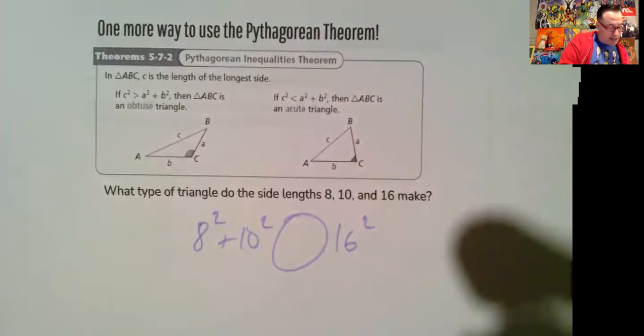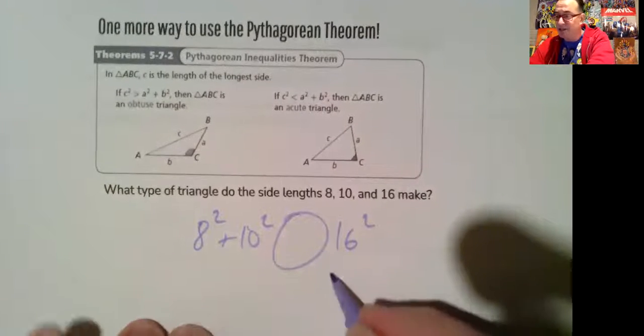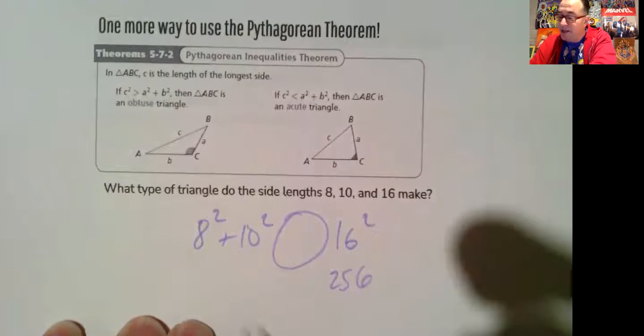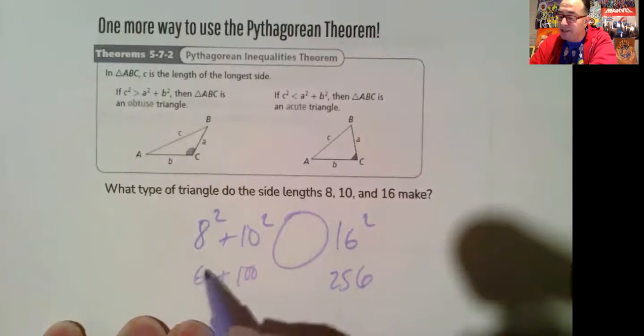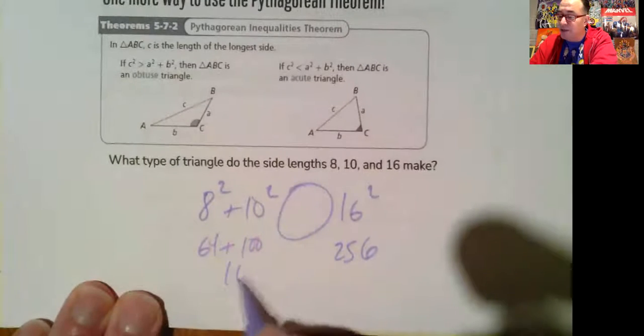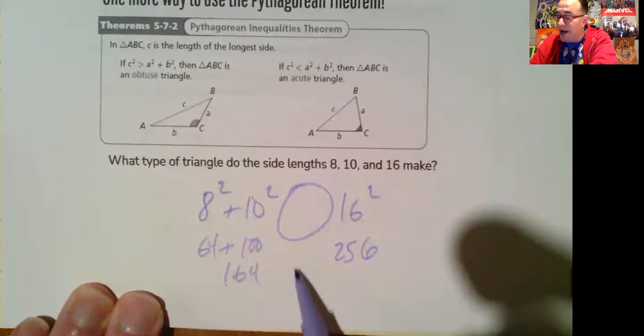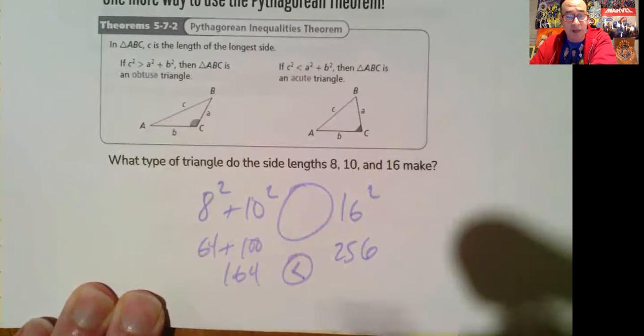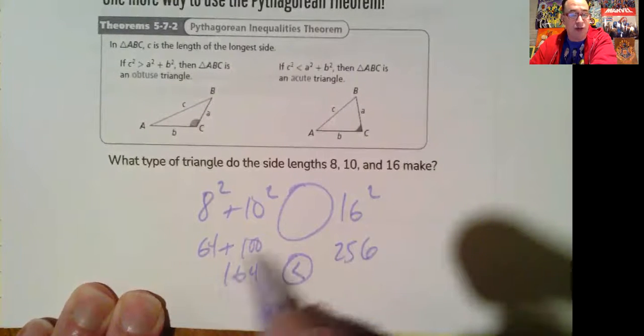16 squared is equal to 256. This is 100 plus 64, so this is going to be 164. Right now, we know that 164 is less than 256. So would you guys agree that my C side is now larger than the other two sides?